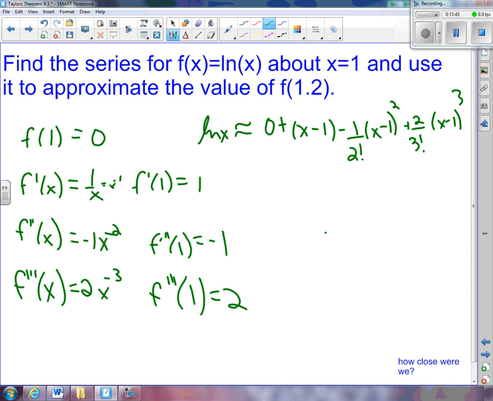My question is, why do we need to approximate it if we can just plug it into a calculator anyway? I totally agree. If you're using a calculator, then this is kind of silly. But hundreds of years ago, before there were calculators, no one knew how to do ln.